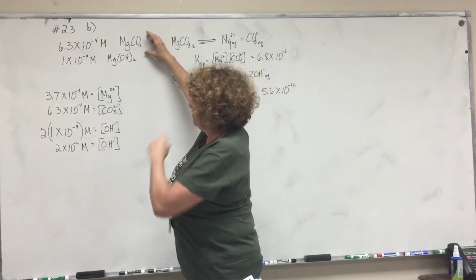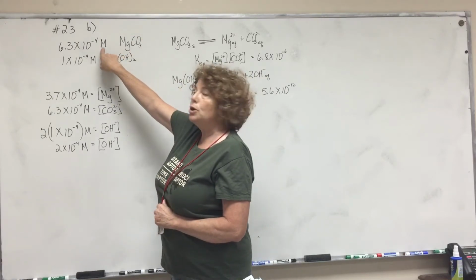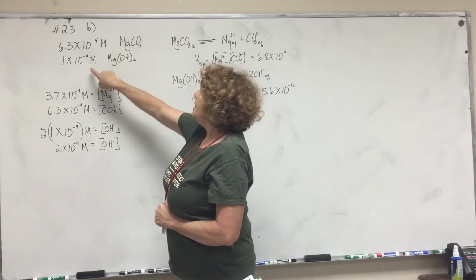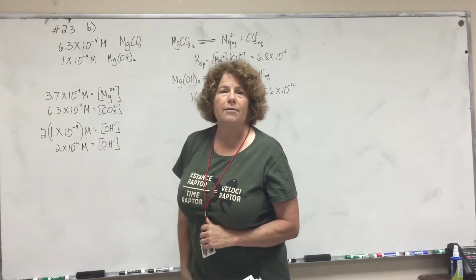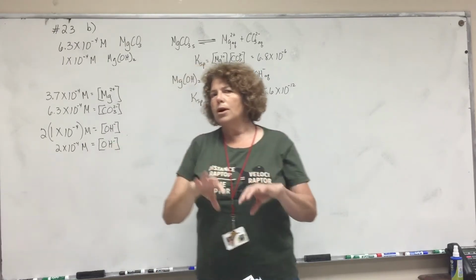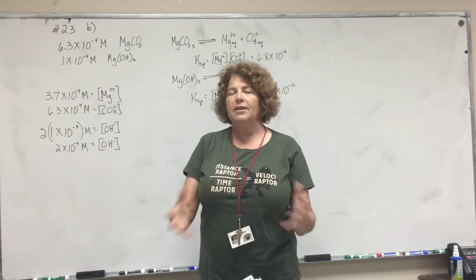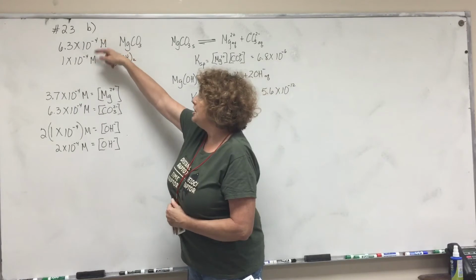First of all, you have this many moles per liter of this, and then you have this many moles per liter of this. Notice they have a common ion. They both have Mg. Since they're poured in even amounts, to find the molarity of the Mg in the solution you put together, you have to average these two.